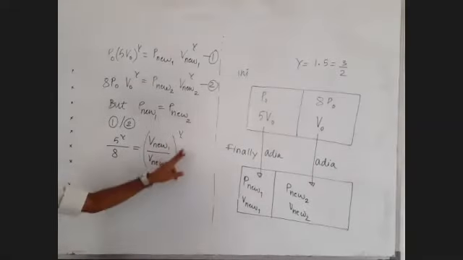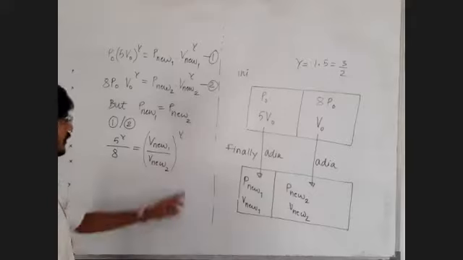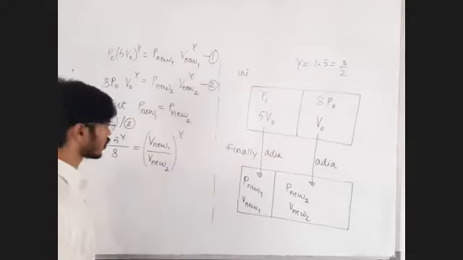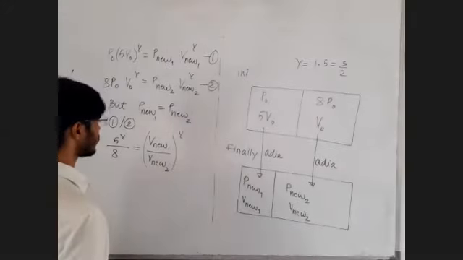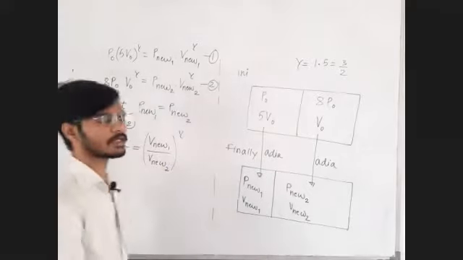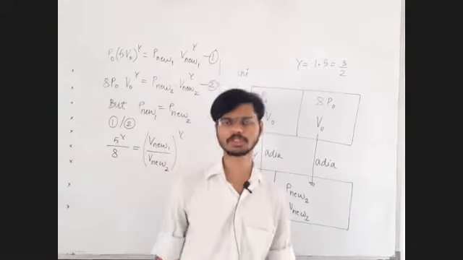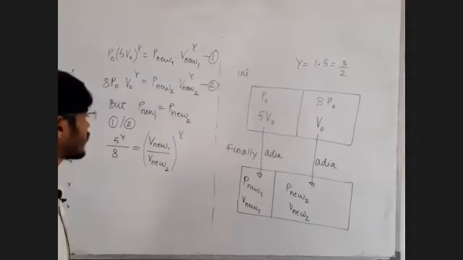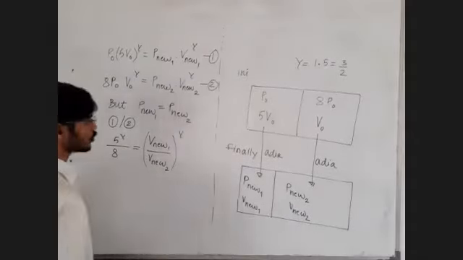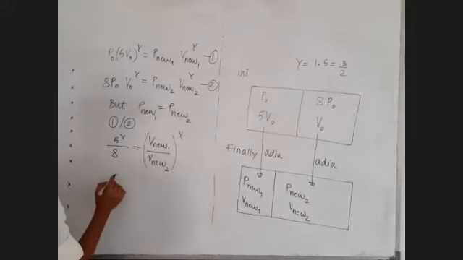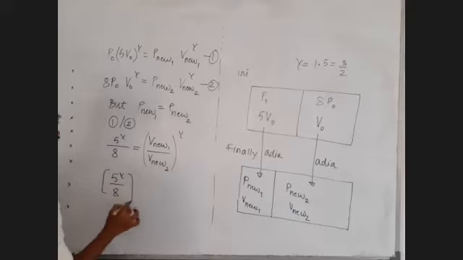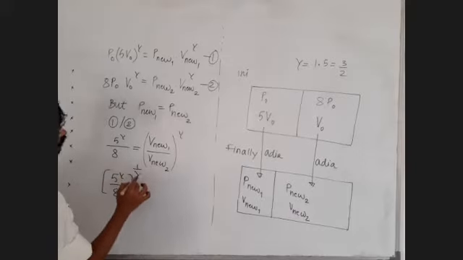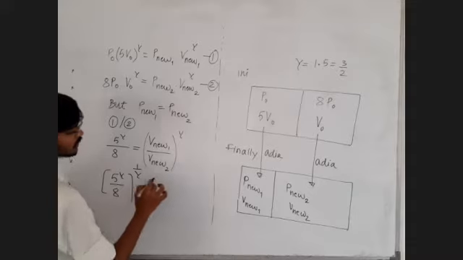Now let us get rid of this raised to gamma. If there is gamma in the index, you will take gamma root, just like if there is square, you take square root, and if there is cube, you take cube root. Gamma root means raised to 1 upon gamma. So 5 raised to gamma divided by 8, whole raised to 1 upon gamma on the left hand side.